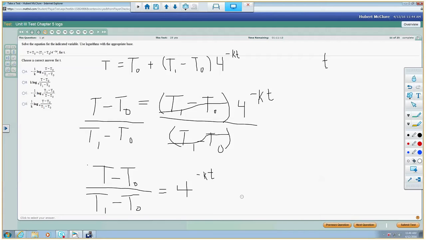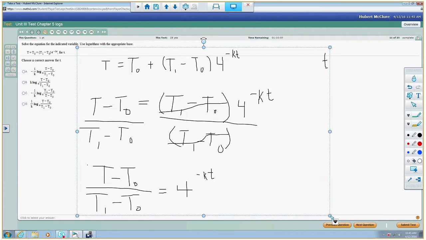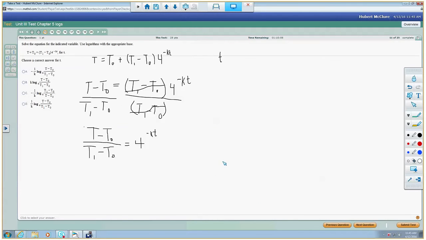Now you're ready to take the what of both sides? Log of both sides. Yep. So take the log of both sides and see what you get.